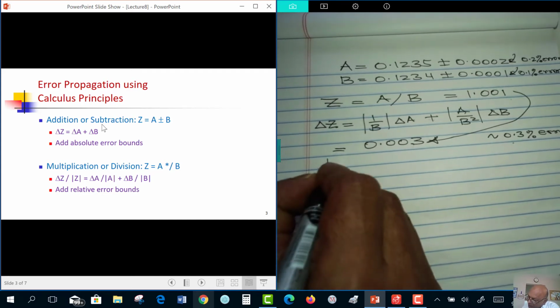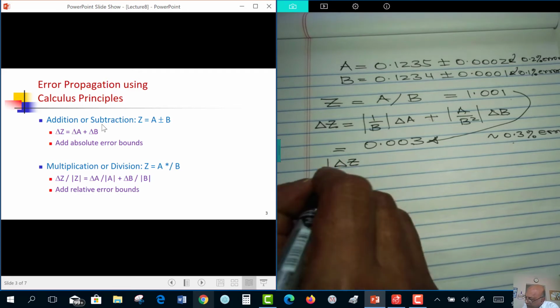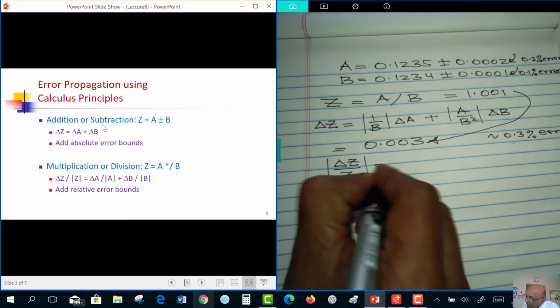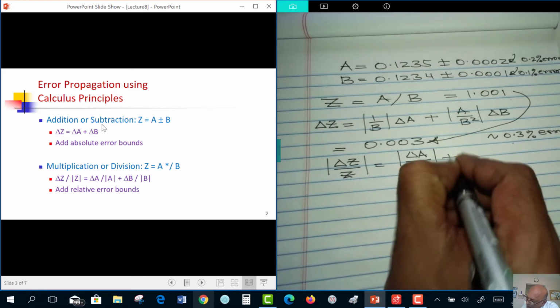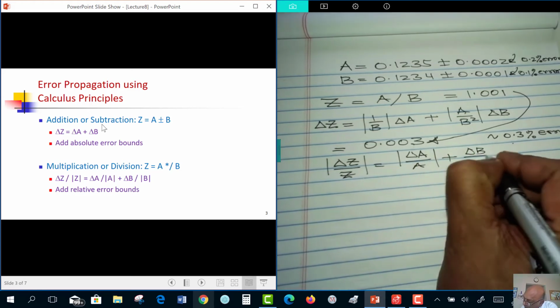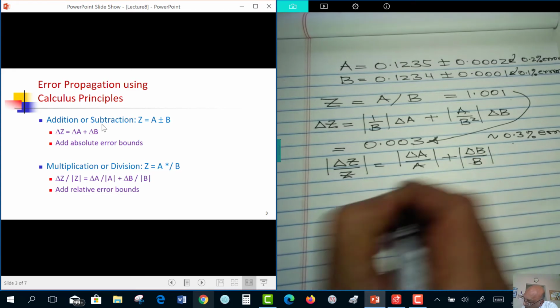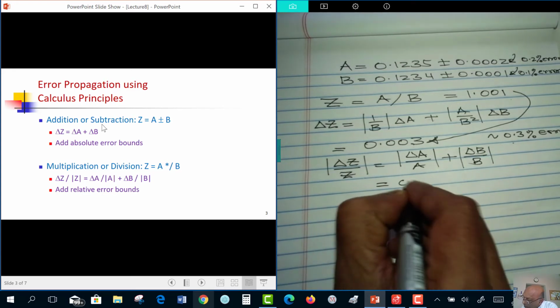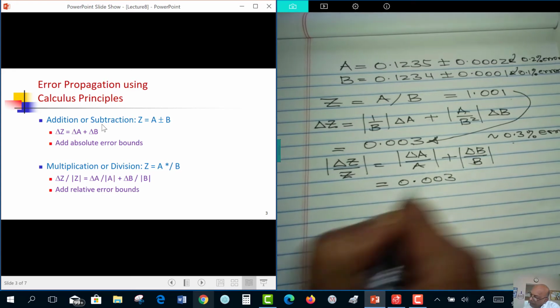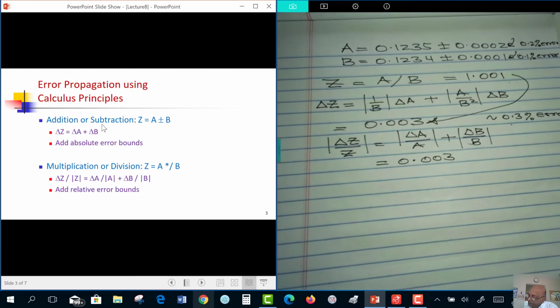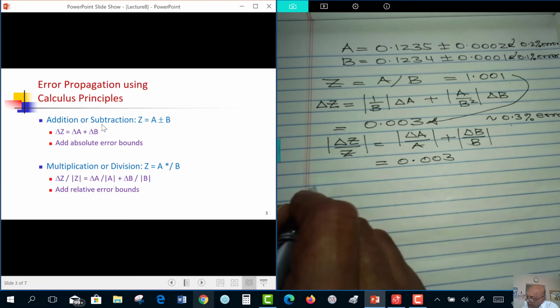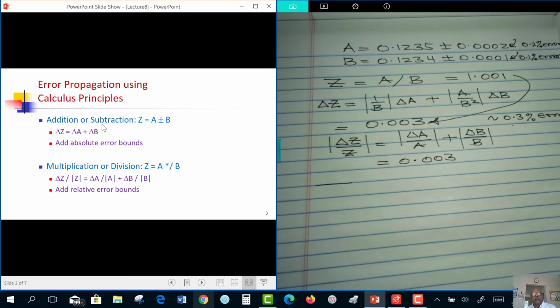So we will find out when we do delta Z over Z is delta A over A plus delta B over B. So you calculate that and you'll find out, rounded up, it'll come out to be 0.003.